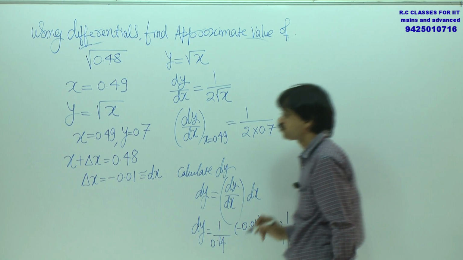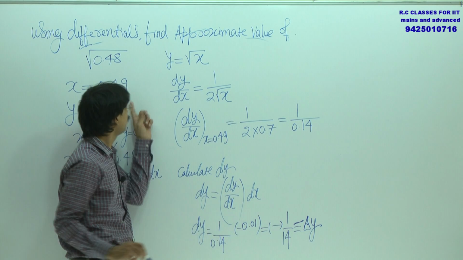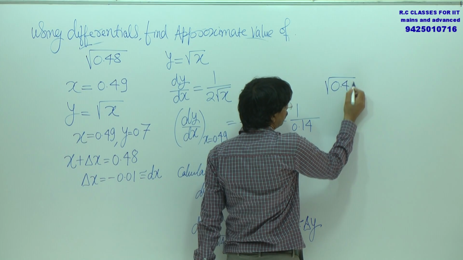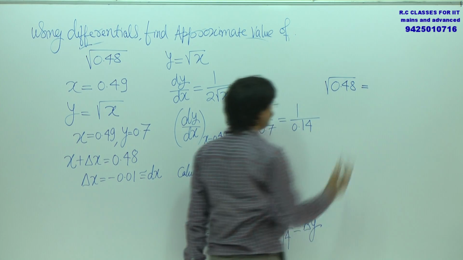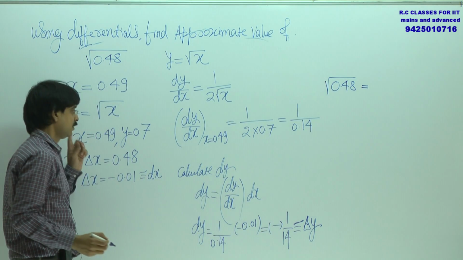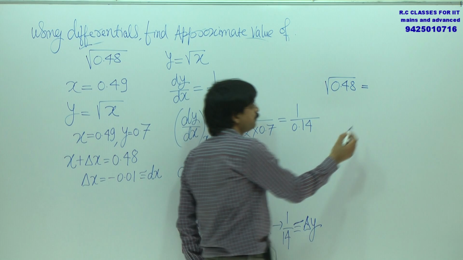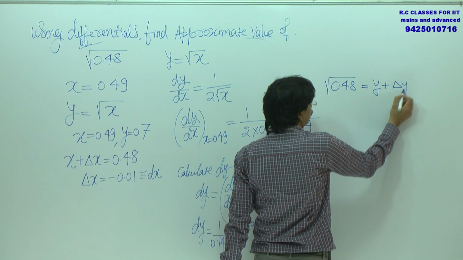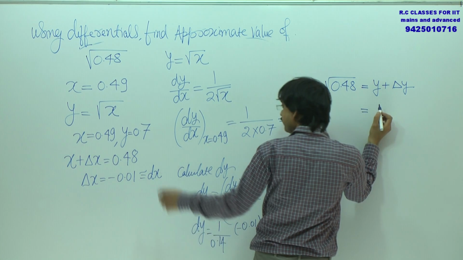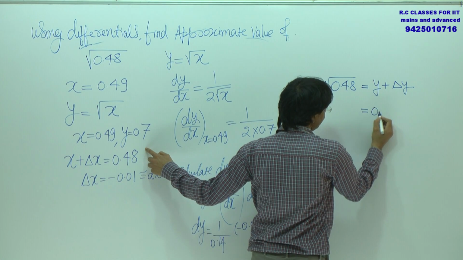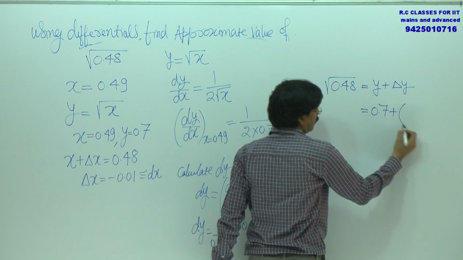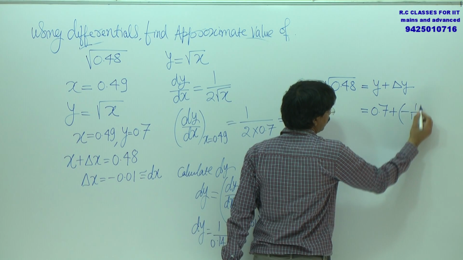So to calculate root over 0.48, root over 0.48 is equal to y plus delta y, that is y is 0.7 plus minus 1 by 14.